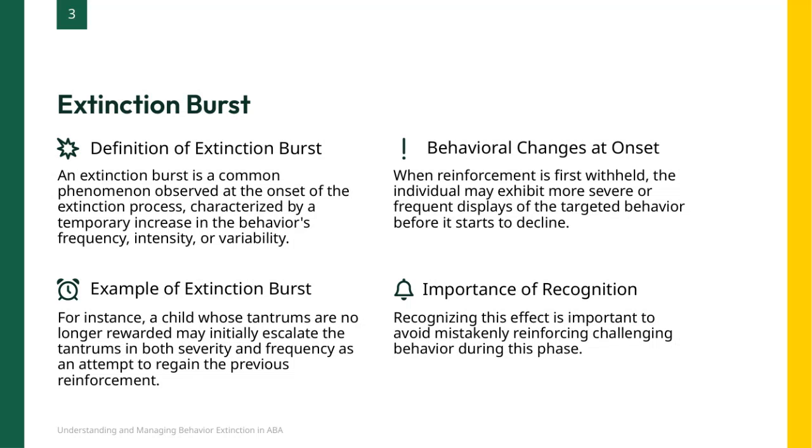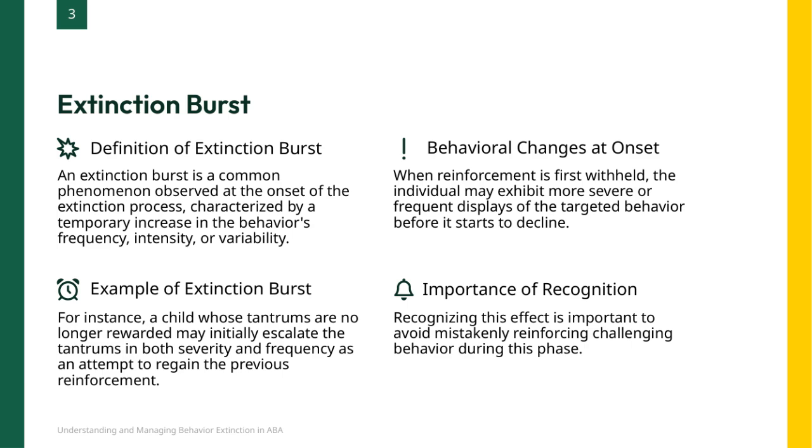An extinction burst refers to a temporary increase in a behavior's frequency, intensity, or variability right at the start of the extinction process. This happens when the reinforcement that previously maintained the behavior is suddenly withheld. For example, when this occurs, the individual might show more frequent or more intense versions of the behavior before it begins to decrease.